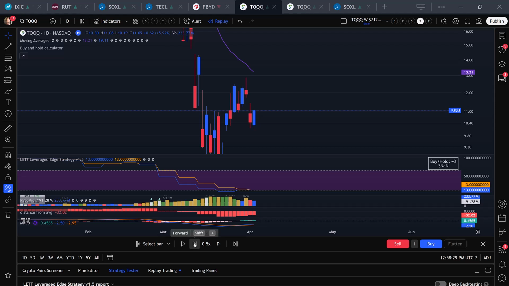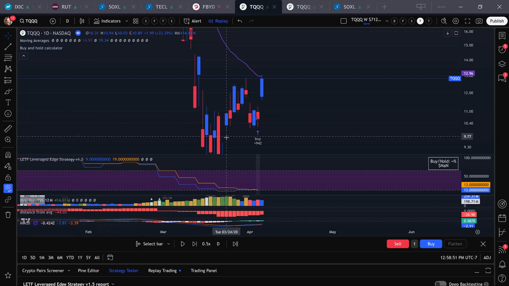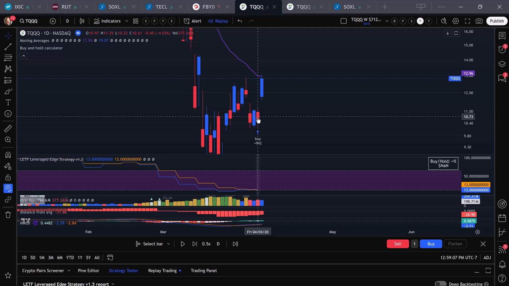And as I move through the replay bars and show what is happening as far as different signals, if you were trading this and following the signals, whatever signals you have in the settings, as the signals come up on the chart to buy here, you'd be buying at the end of the day, at the close of the day. That's when the chart and the strategy shows the actual buy.